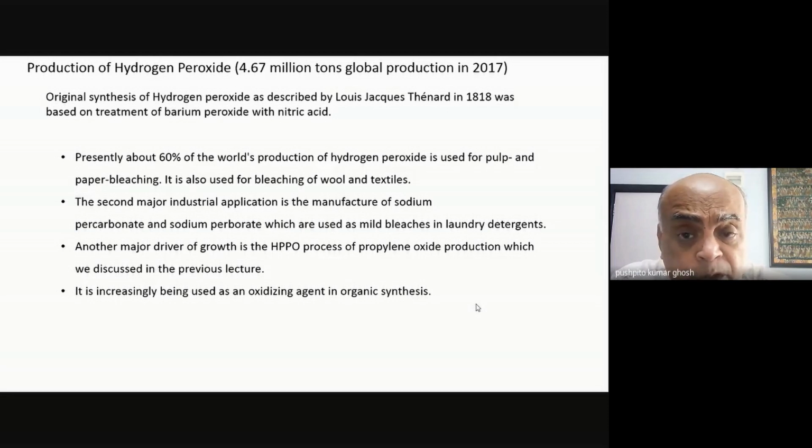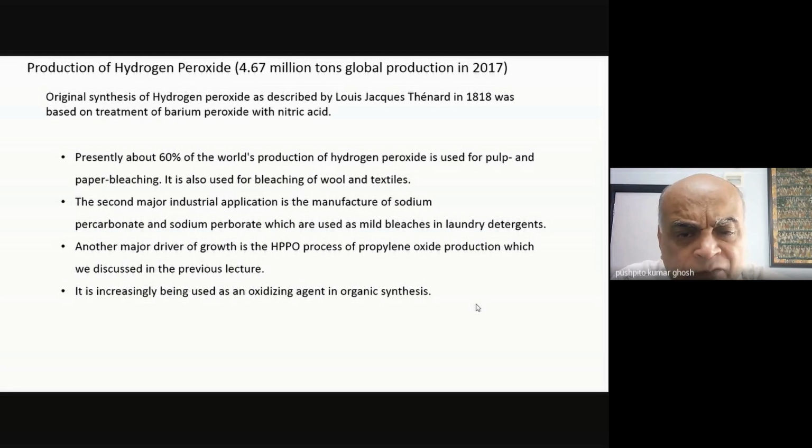But it is going to be growing very fast because everybody is trying to look at ways of substituting some of the other oxidizing agents with hydrogen peroxide. Of course, the biggest application is in bleaching, all kinds of bleaching related applications, whether it's paper or wool or cotton.